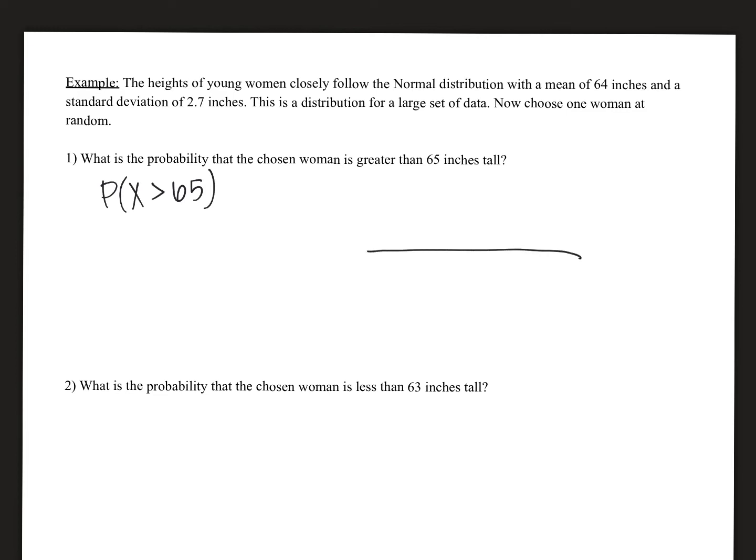So we're going to draw our distribution. We place our mean, which is 64, and then the value we're trying to find. So what we want to do when we're showing our work is make sure we're talking about what we're using in the calculator. So we're going to be using normal CDF.